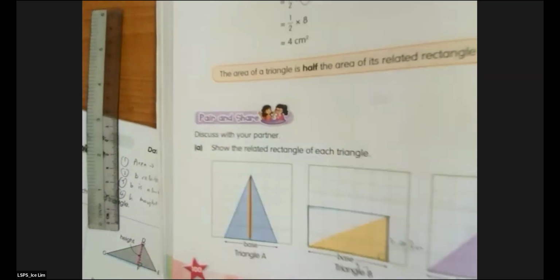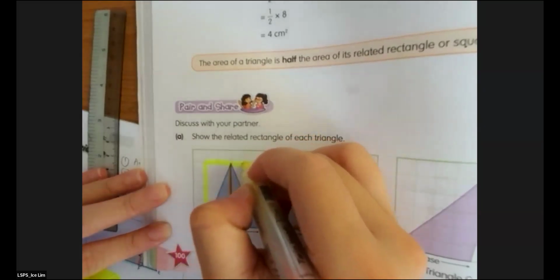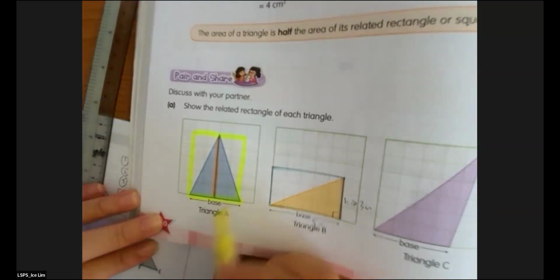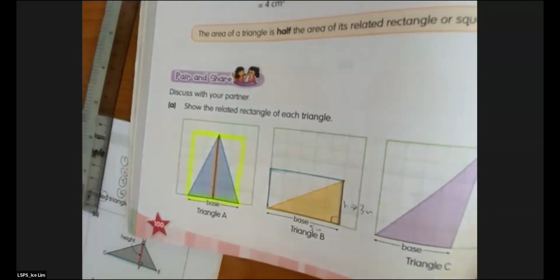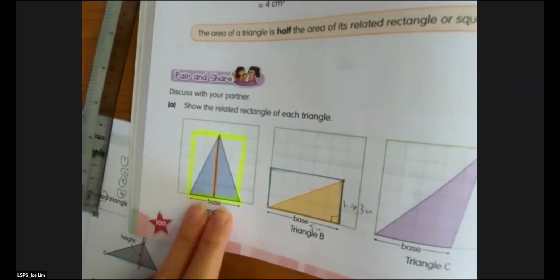But I can draw the related rectangle around it, with the rectangle touching the base here. Okay? It starts from the base here. The base is like the breadth.